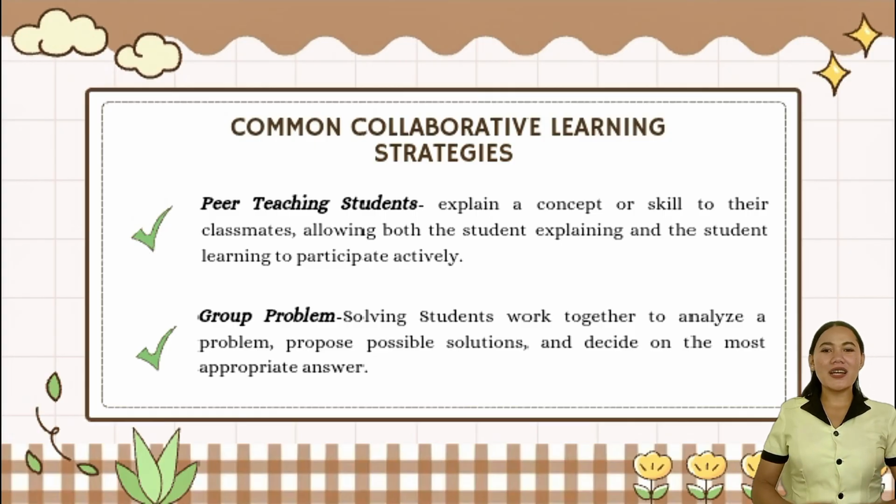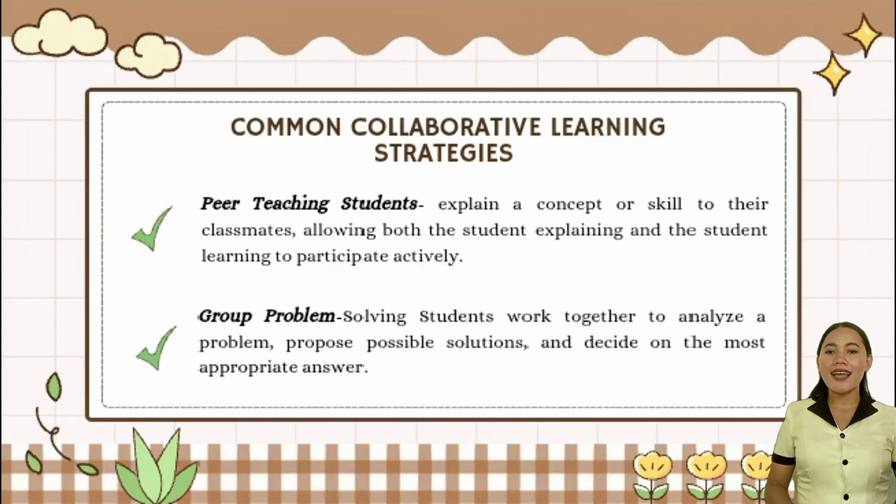The fourth strategy is group problem solving. Students work together to analyze a problem, suggest possible solutions, evaluate those solutions, and decide on the most appropriate answer. For example, a teacher might ask, what can a teacher do if some students do not participate during group activities?